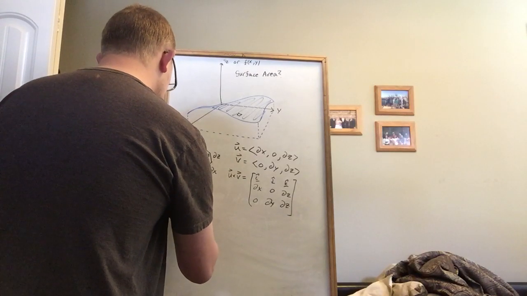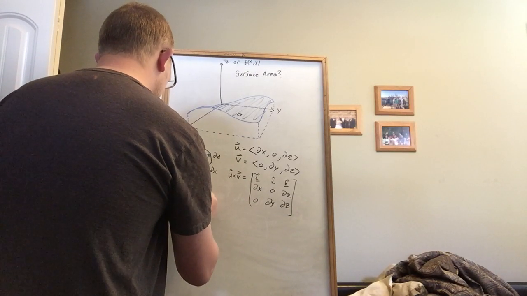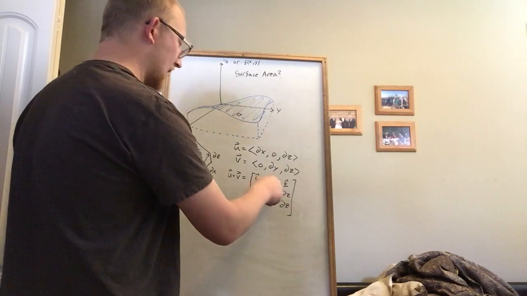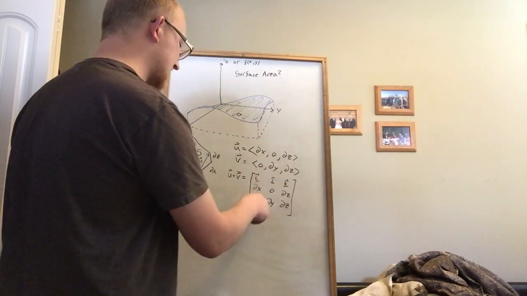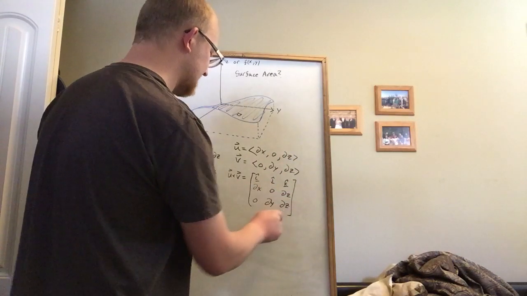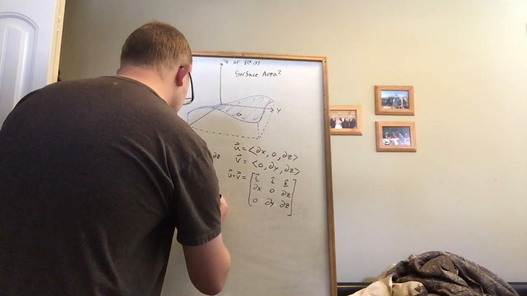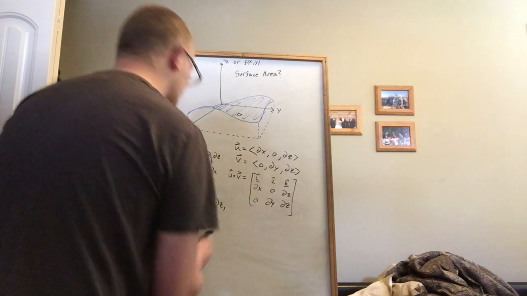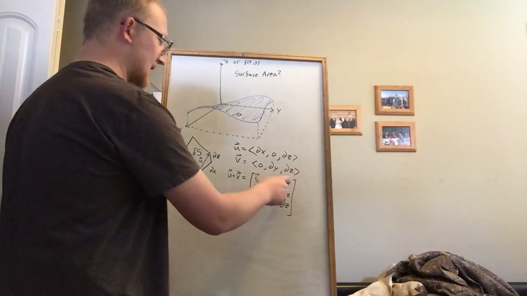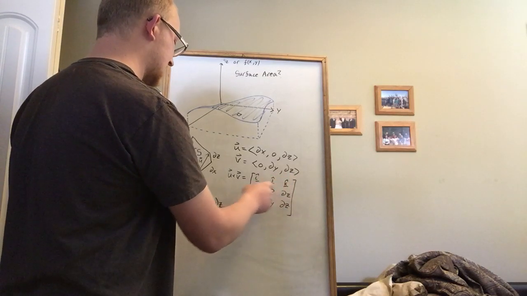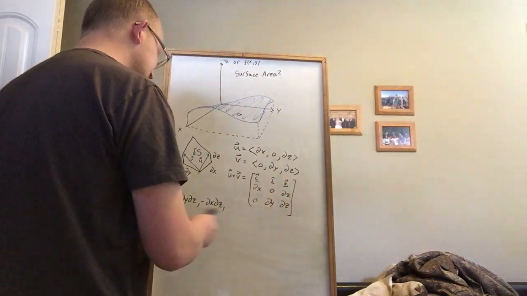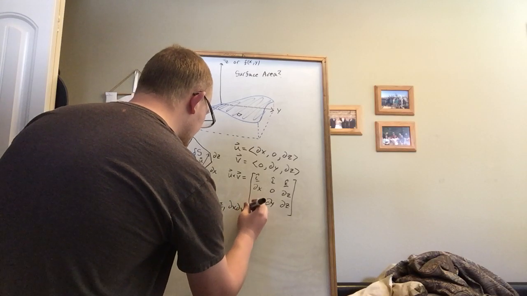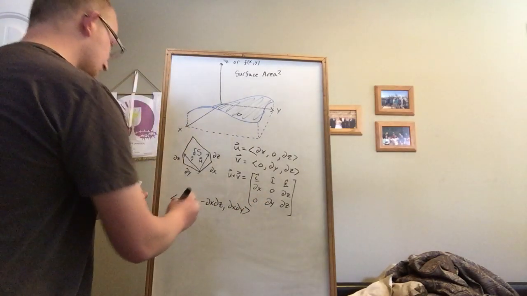So we've got minus dy dz in the x component. For the j component, we have dz times 0, which is 0, minus dx times dz. So we have minus dx dz for the y component, and then for the k component in the z direction, we have dx times dy minus 0. So that's dx dy.